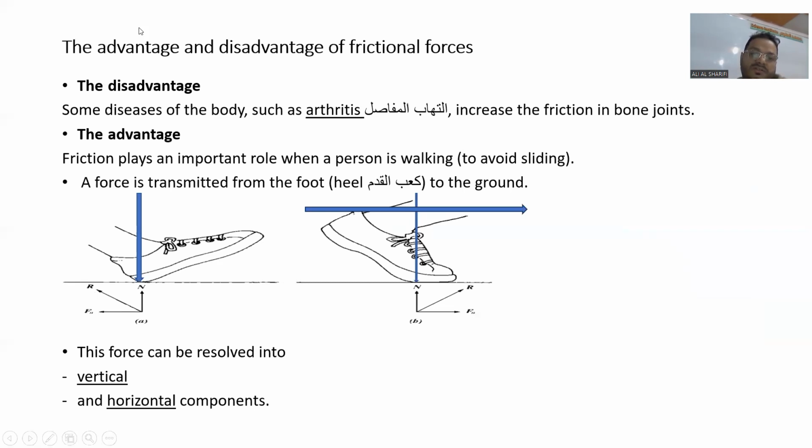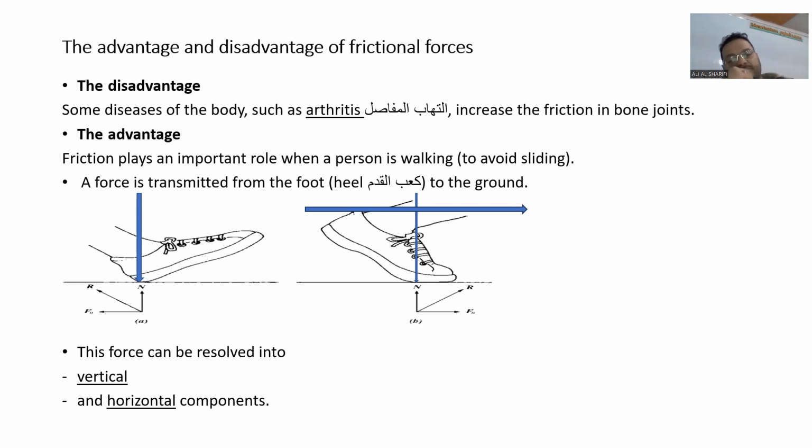Here, let's start to link this physical principle with the medical field. The advantage and disadvantage of frictional force: how can we walk safely around? Let's think about that. The disadvantage: in our body, some diseases such as arthritis, a bad kind of disease, increase the friction in bone joints, like the doors example in the previous slides.